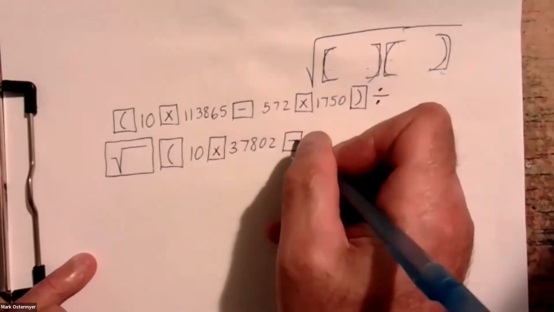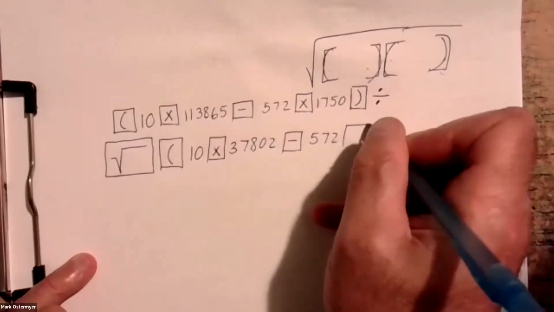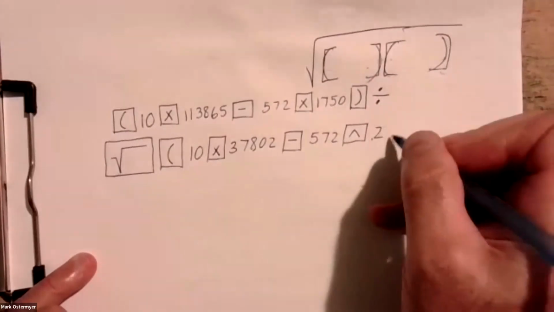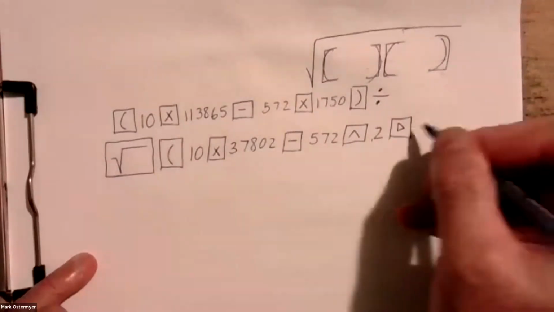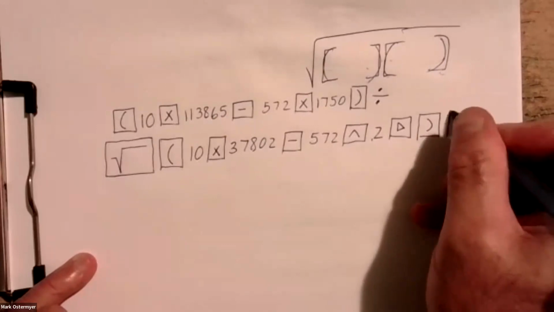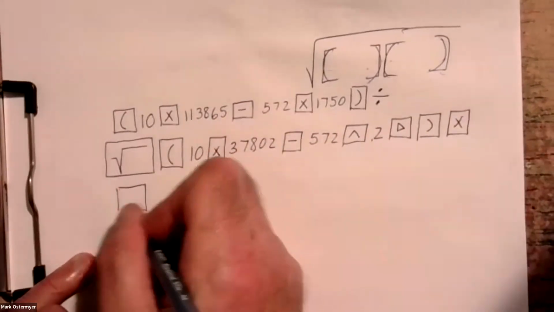Subtract 572 raised to the second power. Hit your right arrow key to bring your cursor back down to level. Closed parenthesis. Times open parenthesis.